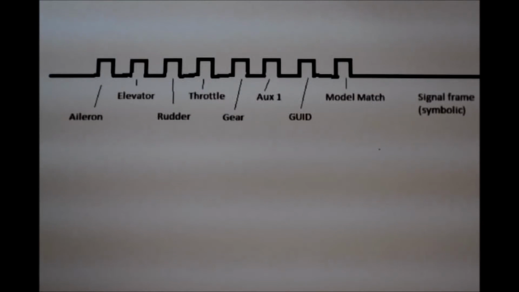This last channel spot is what holds the information for Model Match. Each model set up in the transmitter is unique and separate. It will not be duplicated ever. The result is that when the transmitter tells the receiver to bind to the model alpha, it will bind to the alpha model. After this, anytime the receiver is turned on, if it does not see the model name alpha in the signal, the receiver will reject all signals.